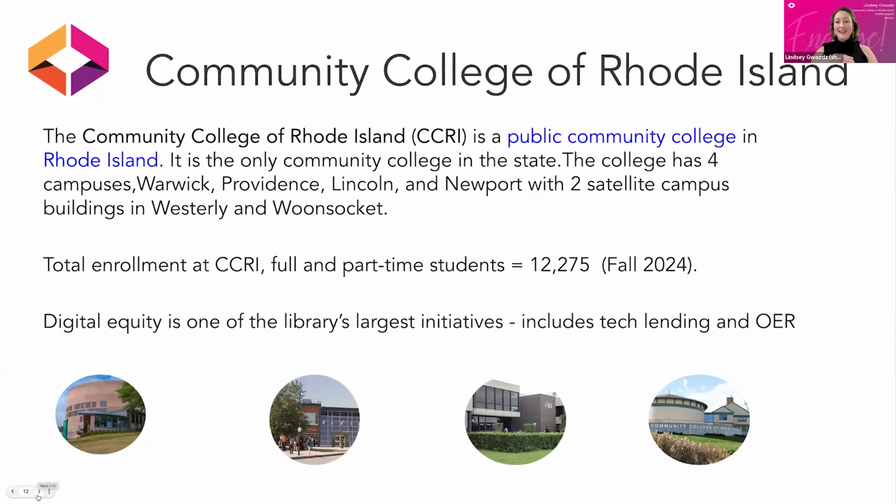We're working really hard to get it out of the library silo with some other partners across campus, but digital equity is certainly one of our largest initiatives as a community college. So that includes our tech lending program, which is really popular with our students, making sure students can take out laptops and hotspots for the entirety of a semester. But our OER strategy also falls under our digital equity strategy.